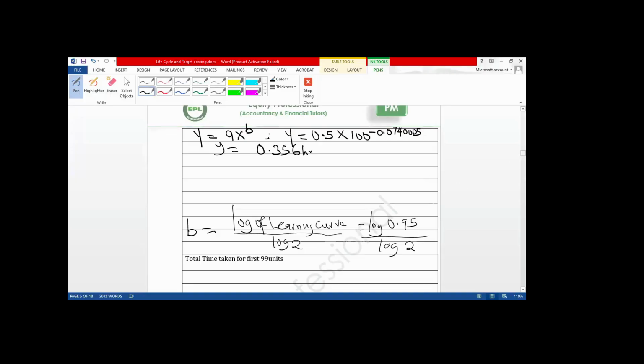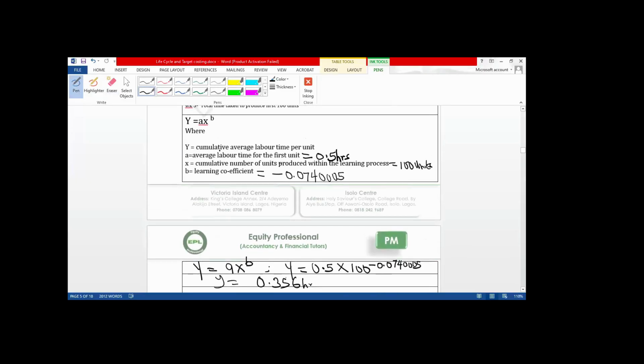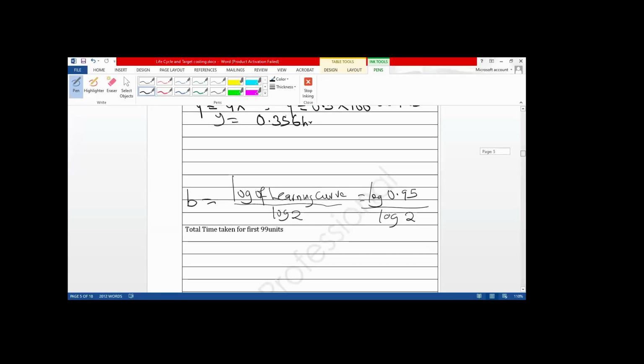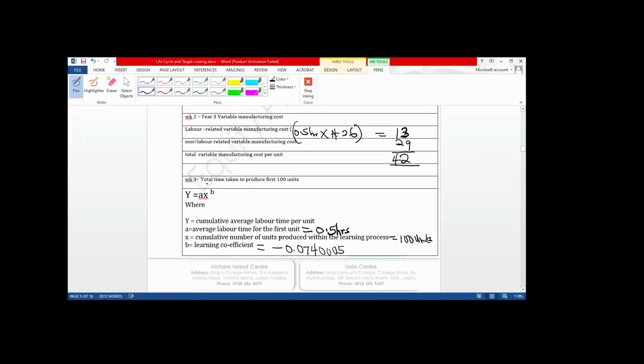This is the cumulative average labor time per unit. But we said to calculate the total time taken to produce the first 100 units.